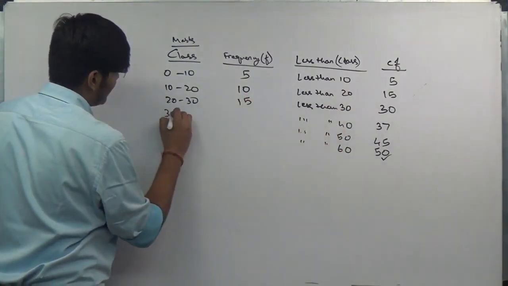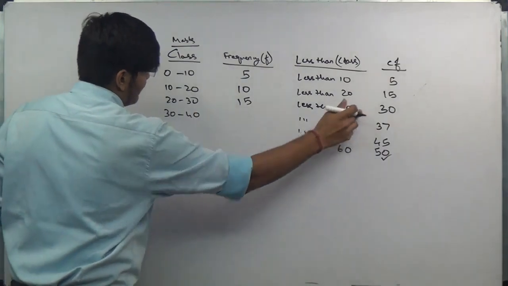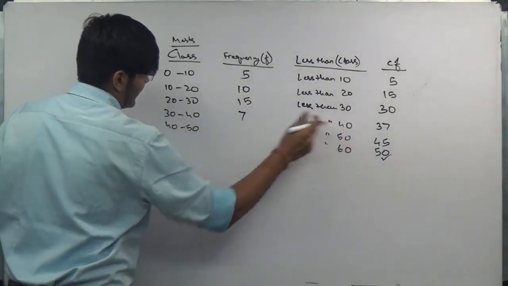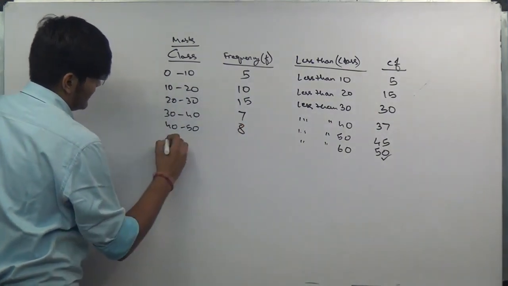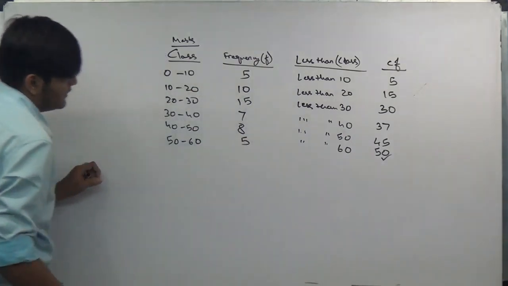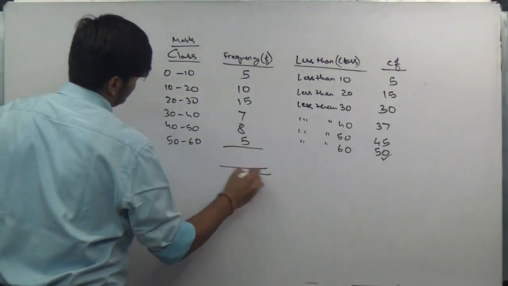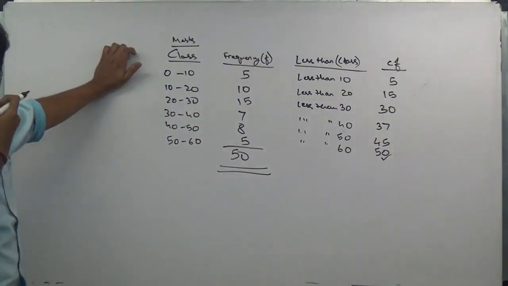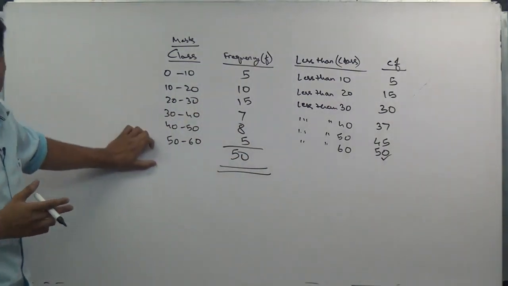Then again 30 to 40, 37 minus 30, 40 to 50, 45 minus 37, then 50 to 60, 50 minus 45. Again you check the frequency, it comes down to 50. The exact same question that was given, we just reversed it and found out another answer.